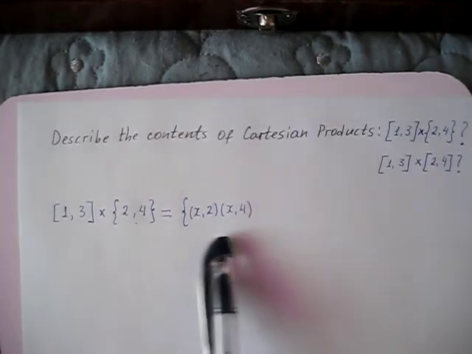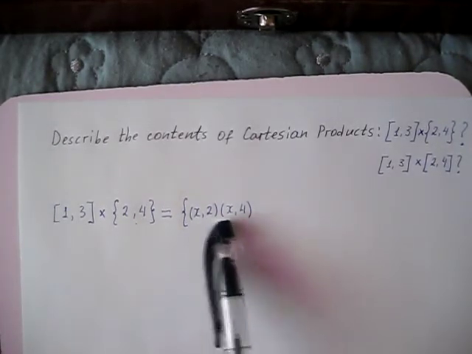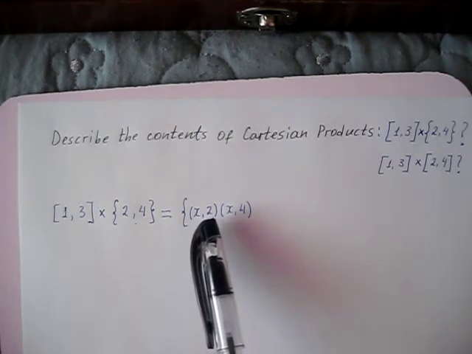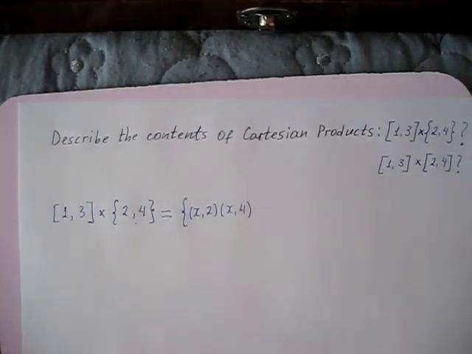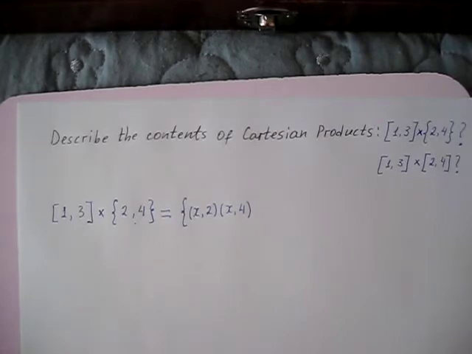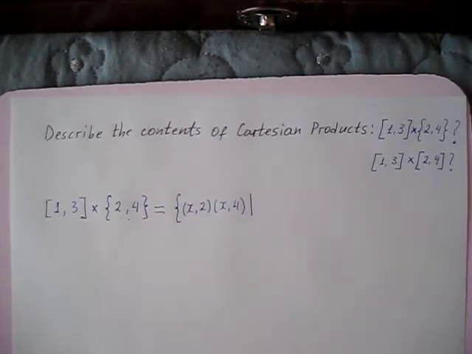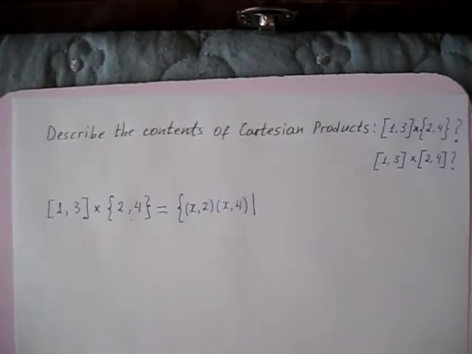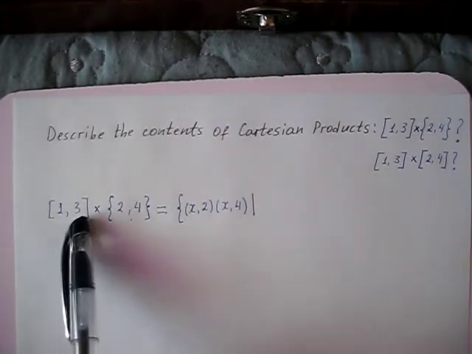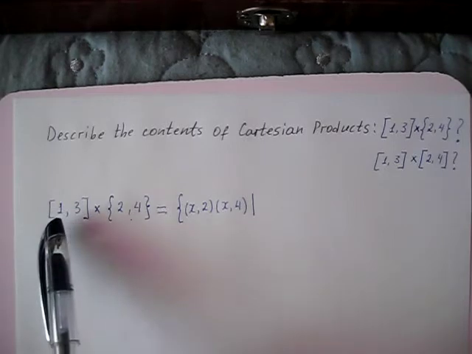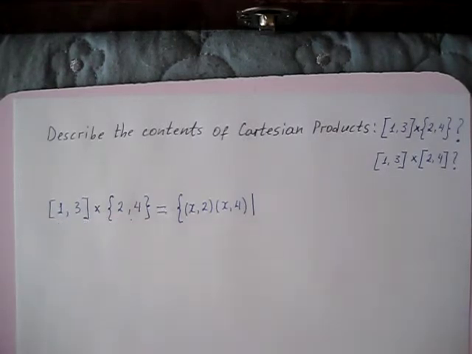Only two kinds of ordered pairs we can have, and y components will be either 2 or 4, one of them. And x can be any number between these two numbers, 1 and 3 included.